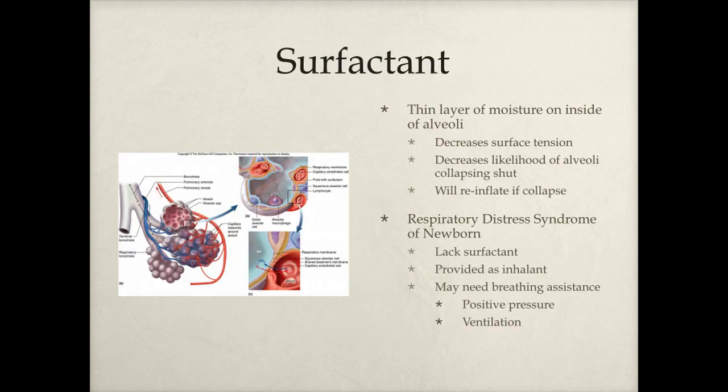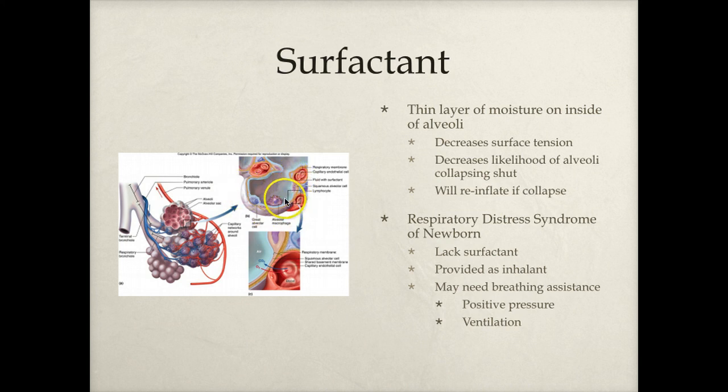All right, I want to talk about surfactant. Surfactant is a thin layer of moisture on the inside of the alveoli. Here's our sac of alveoli, and this cutaway shows up close one alveolus.